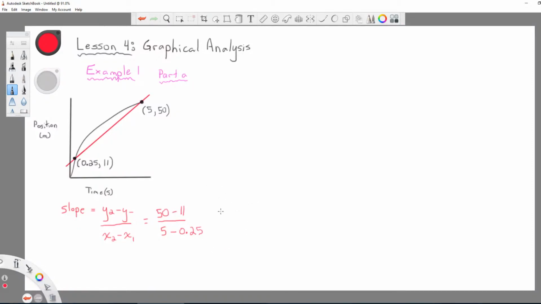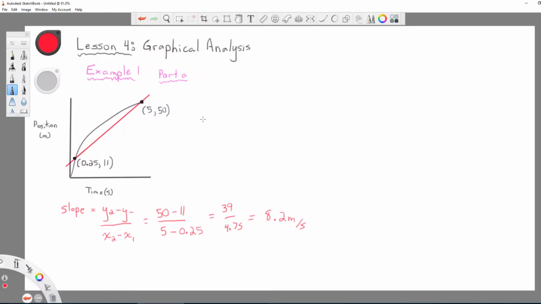We can essentially plug that into our calculator, and what we get if we solve for both of these, well, I'll do the intermediate step. It's 39 divided by 4.75, and if we take it all the way to the end, it's going to equal 8.2 meters per second.